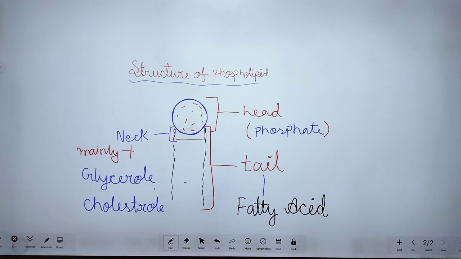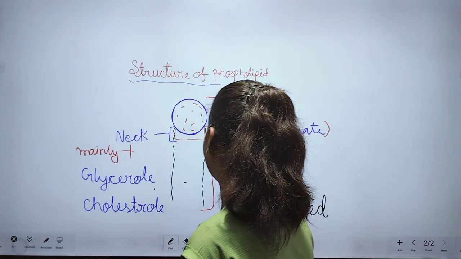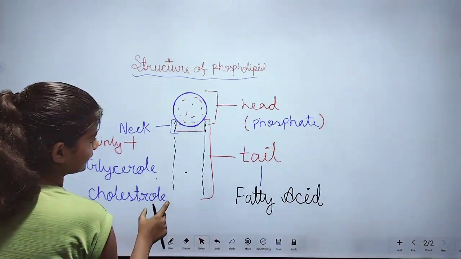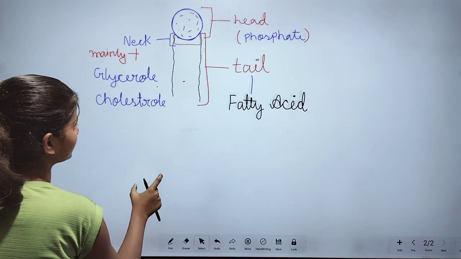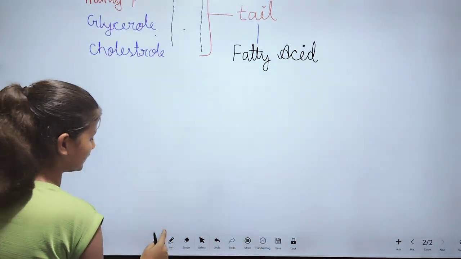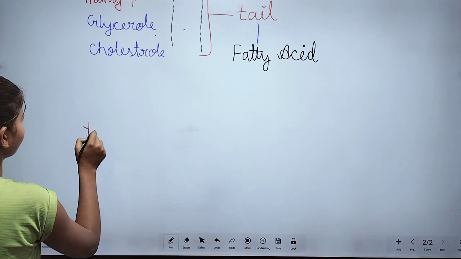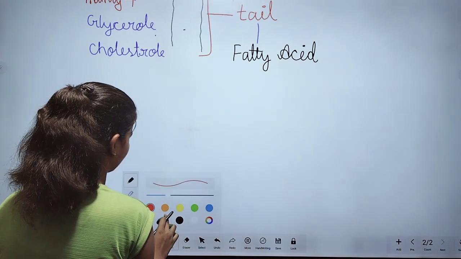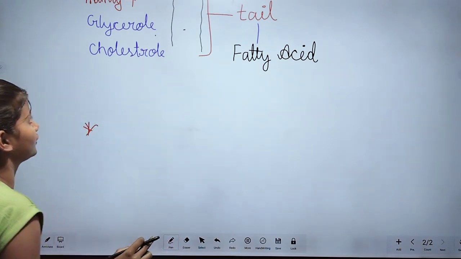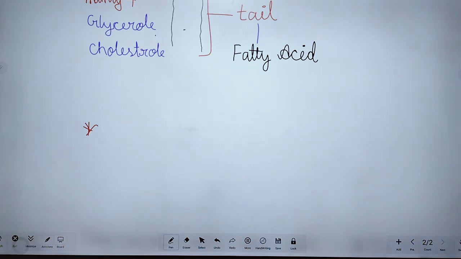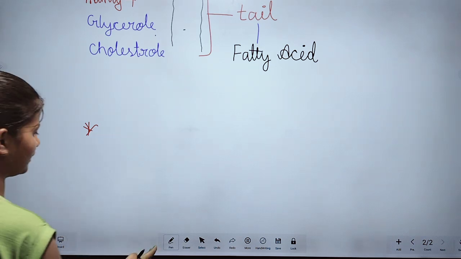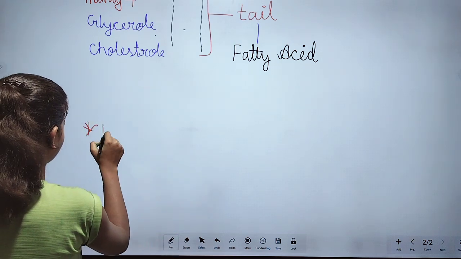The tail is mainly made up of fatty acid, the head is phosphate, and the neck region is made up of cholesterol. Okay, so let's see one more point related to phospholipid.